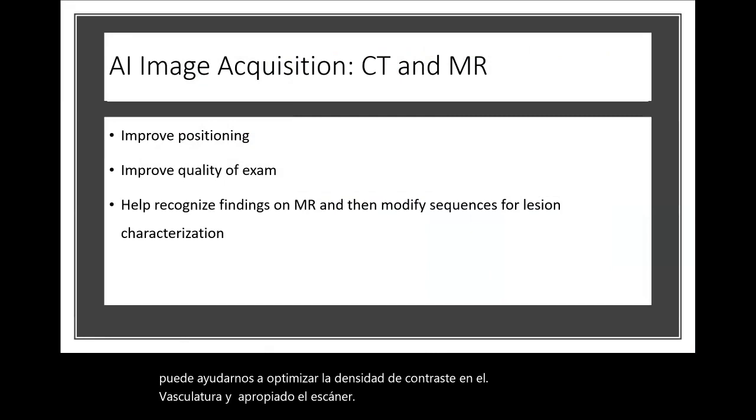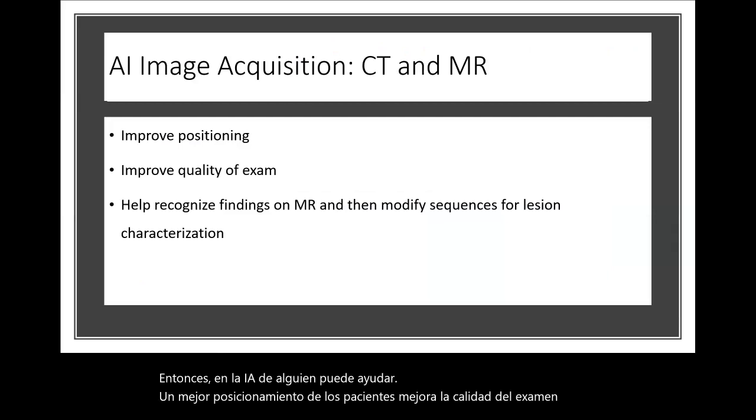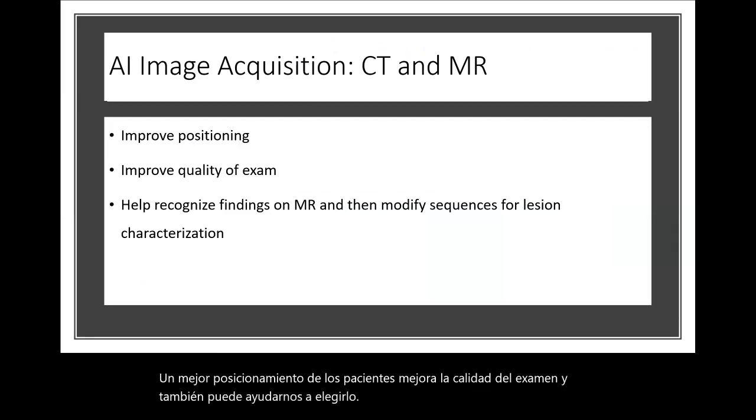So in summary, AI can help in better positioning of the patients, improves the quality of the examination, and it also can help us choose the correct protocol and also modify sequences for MRI to optimize lesion characterization.